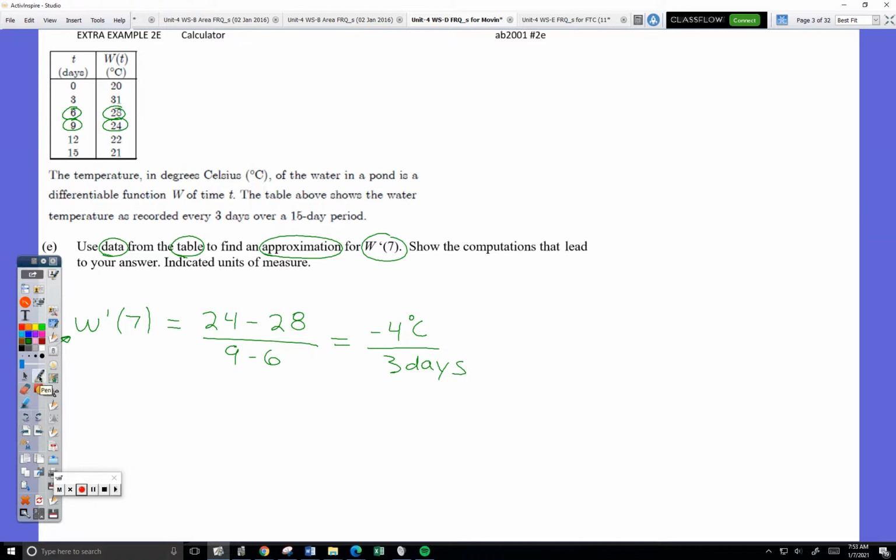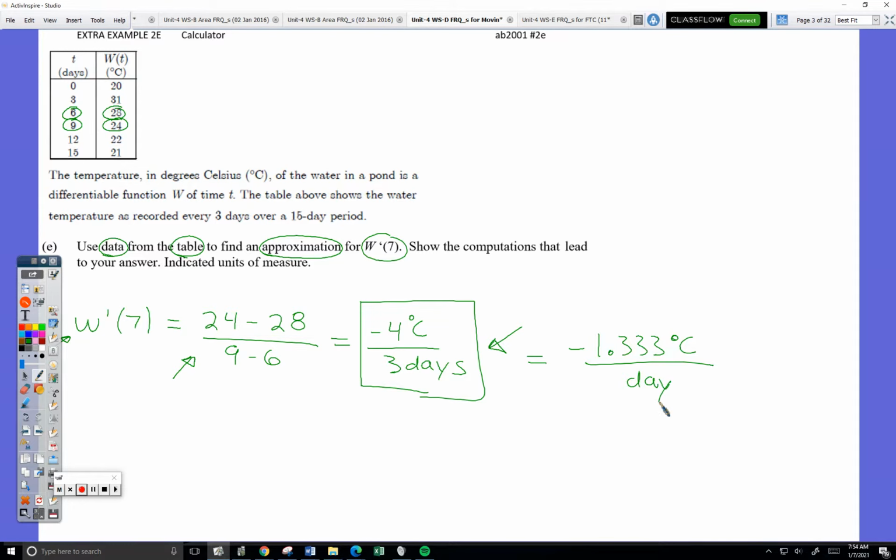I went this far because mentally I can process the meaning of that easier. On average, if we grabbed a calculator, that's going to come out to be 1.33. So that's an easier way for me to understand average rate of change.